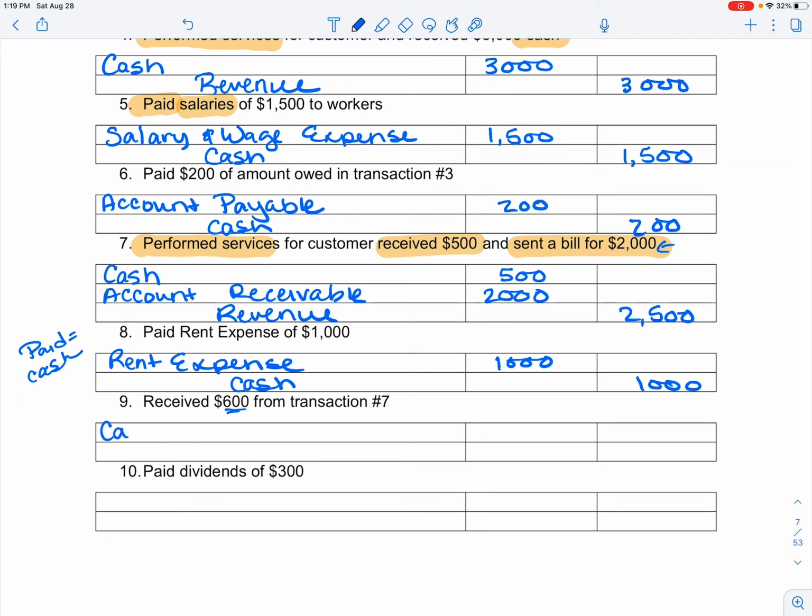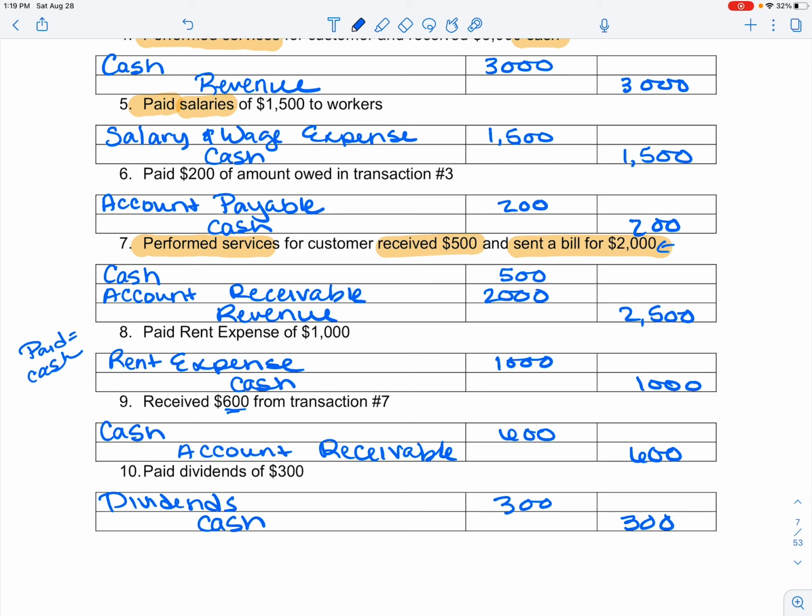So we're increasing our cash. And then we are going to decrease our accounts receivable by $600. And finally, we pay dividends. Again, if we pay something, we're usually paying them in cash. So we increase our dividends and reduce the amount of cash we have.